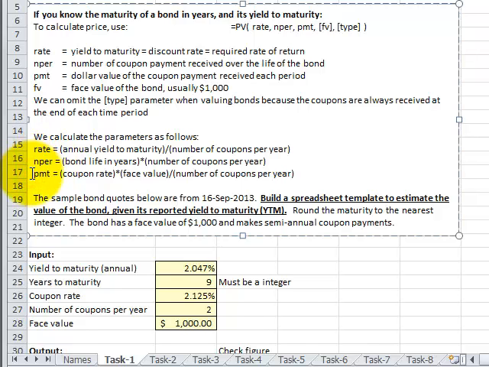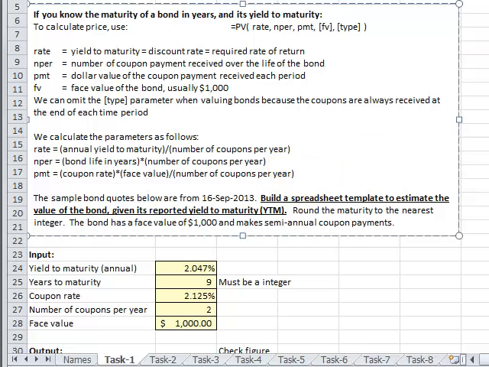Lastly, to find the size of the annual coupon payment, we'll take the coupon rate on the bond and multiply it by the face value. That gives us the annual coupon, and then we'll divide that by the number of coupons per year, typically 2, in order to get a semi-annual coupon.